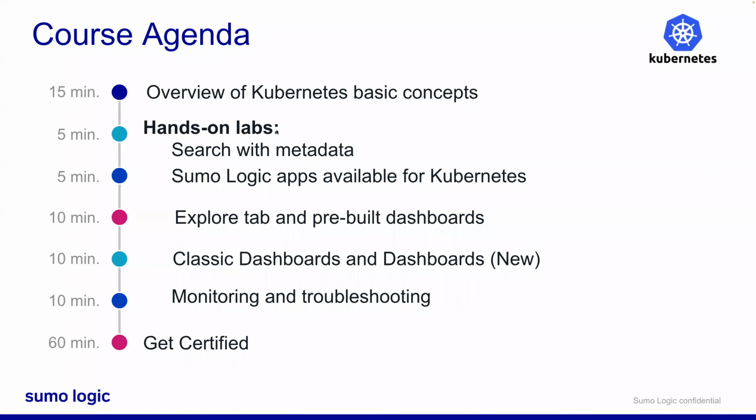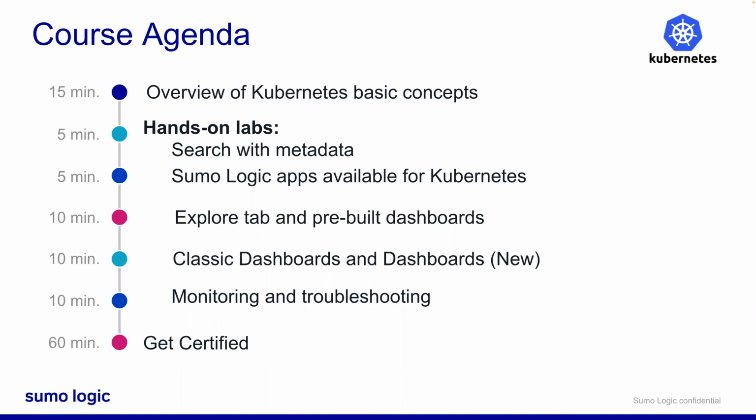The plan is to do an overview of Kubernetes. For those of you that know Kubernetes, it might be a bit of a review. For those of you that are less familiar, it will be helpful to go over some of those basic concepts. Then we're going to jump into the labs. We're going to search with metadata, utilize some of the apps in Sumo Logic, and use the Explore tab and pre-built dashboards.